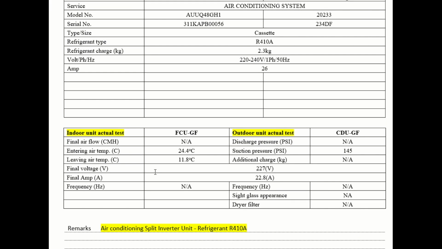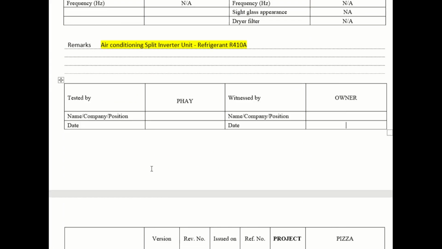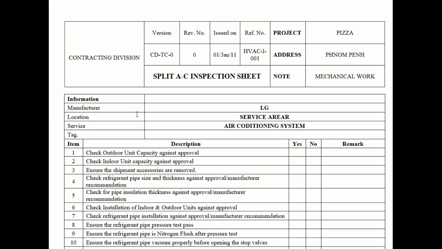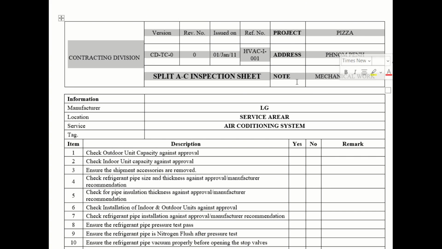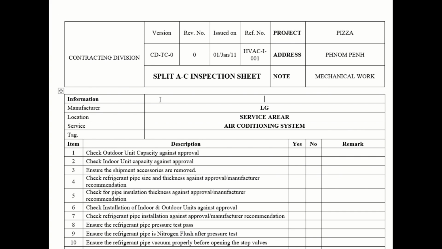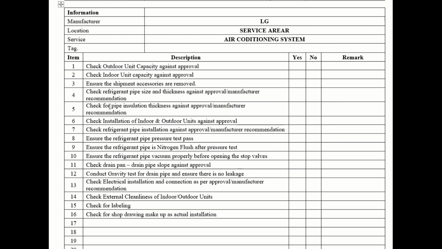Normally we have the inspection checklist too, so we can see the inspection checklist. This is the AC split inspection checklist, so we keep the same for the heater, and here we can see the manufacturing and things that we complete.